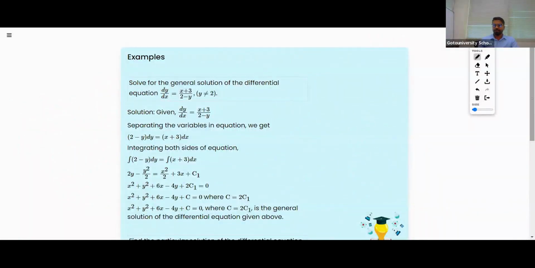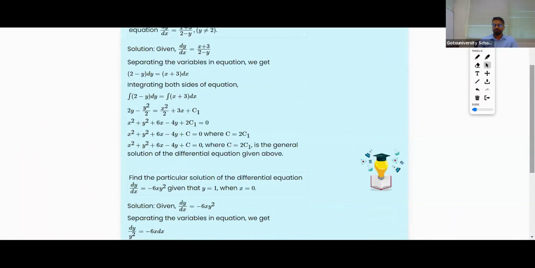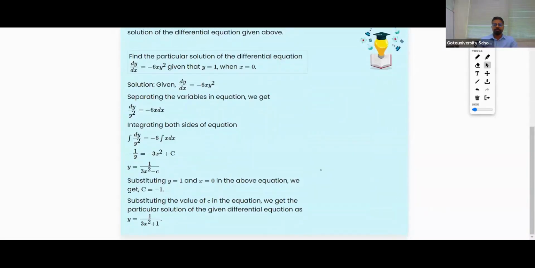Let's take another example. Find the particular solution of the differential equation. Again, it's first order. I'm repeatedly telling you that you will not be asked to solve a second order derivative or any higher order. Now see, this question is specifically asking at y equal to 1, x equal to 0.